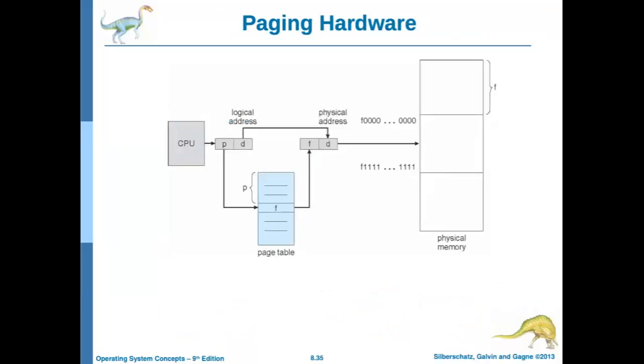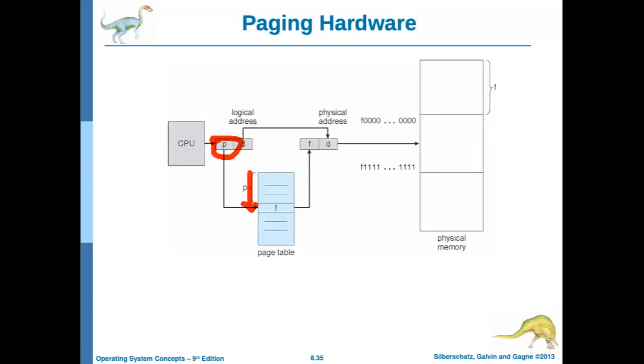The paging hardware: how address translation is done. Whatever address is generated by the CPU is the logical address. As I already mentioned, it will be divided into page number and offset. The page number will be used as a displacement into the page table.